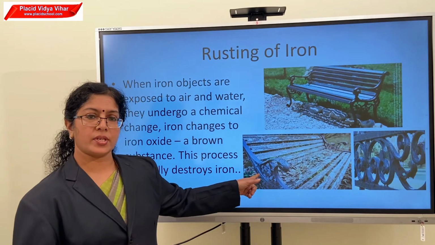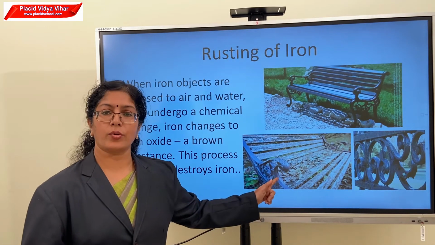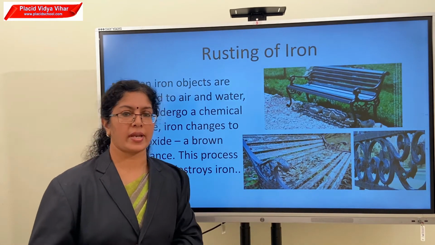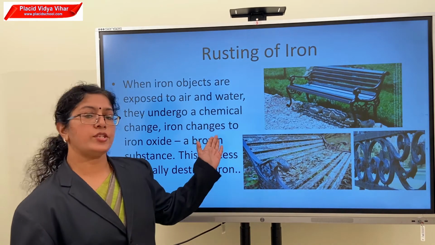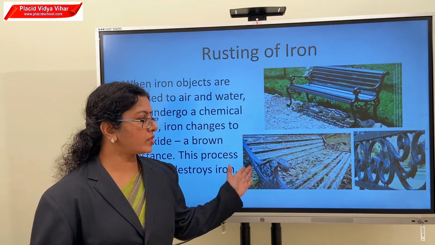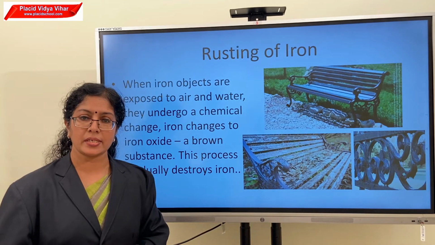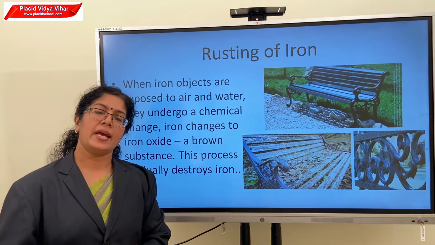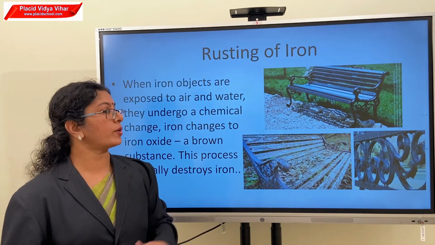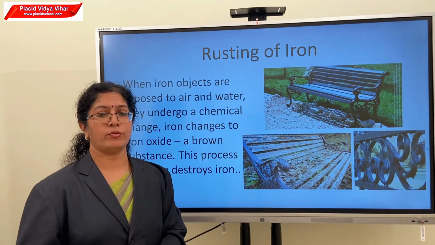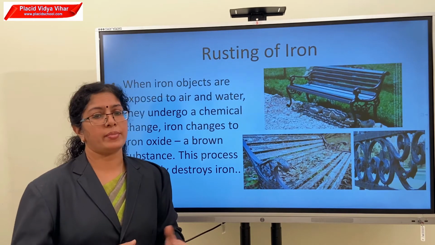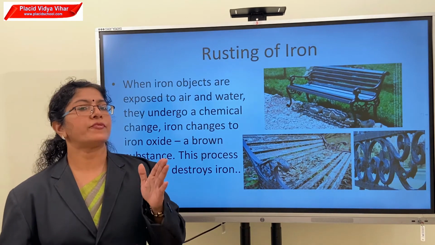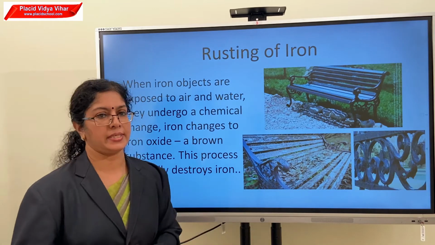The brown substance is iron oxide and we call it rust. So iron changes to iron oxide. That is why the change is a chemical change, and the substance is getting lost from the object and it makes damage in the object, and finally the object will become useless if not properly maintained.